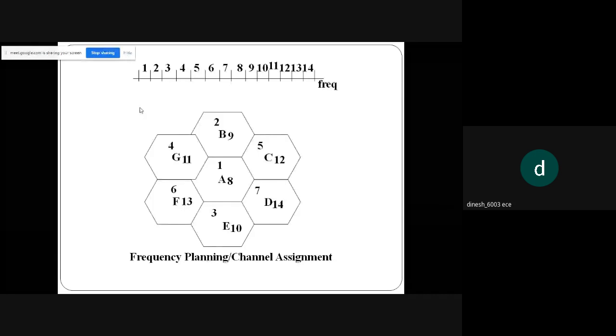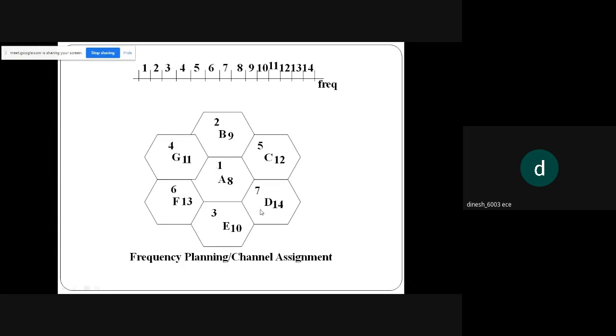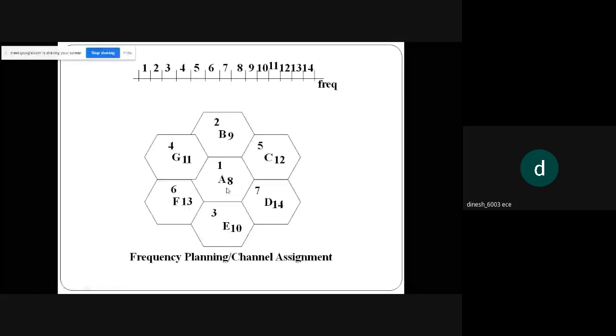You can see that in the diagram here: 1, 2, 3, 4, 5, 6, 7. So A is assigned 1 and 8, neighboring. B is assigned 2, 9. C, 5, 12. See the gap between them.